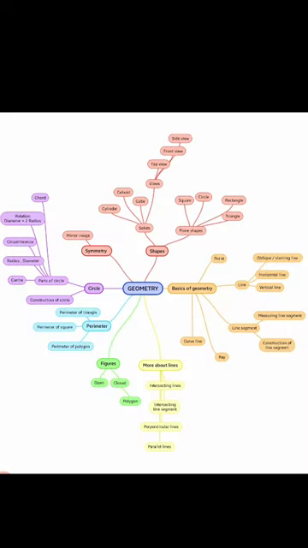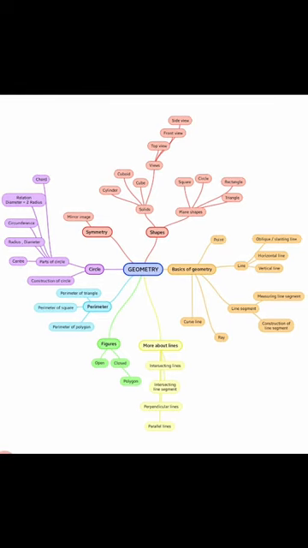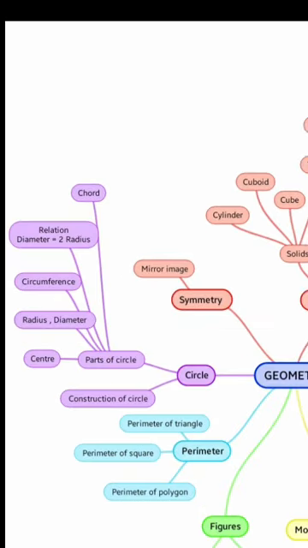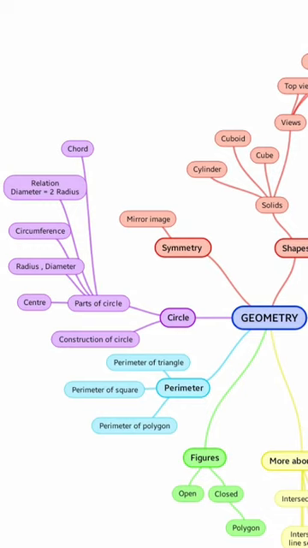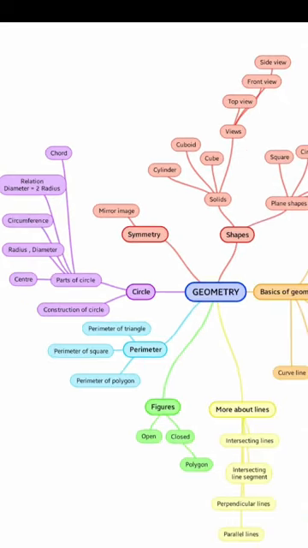Geometry. So now, this is the mind map of our chapter, and today the topics which we are going to cover are circle, the parts of circle: radius, diameter, center, circumference, and the relation diameter is equal to twice the radius.